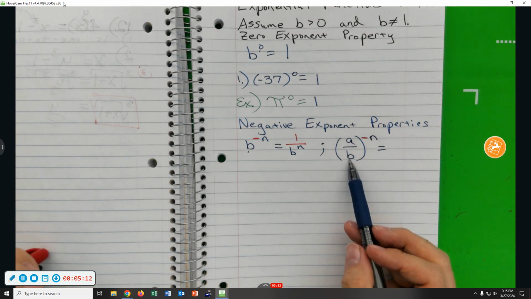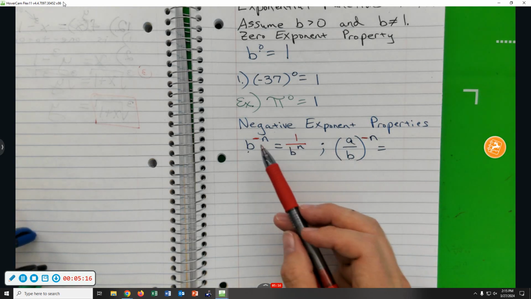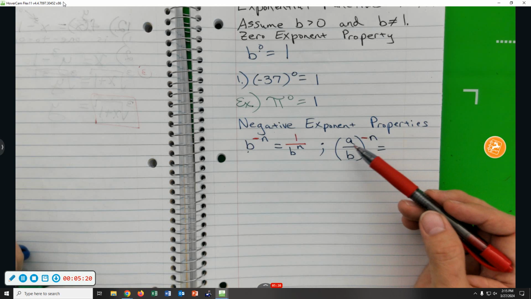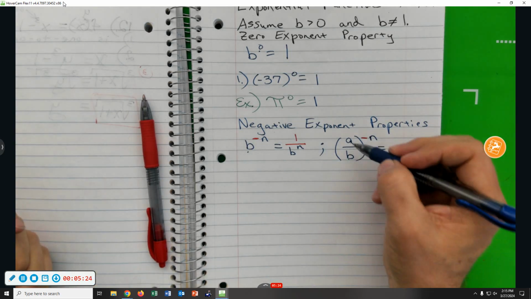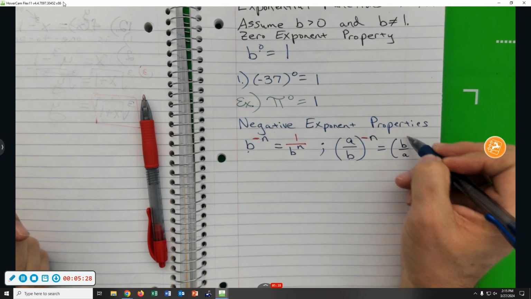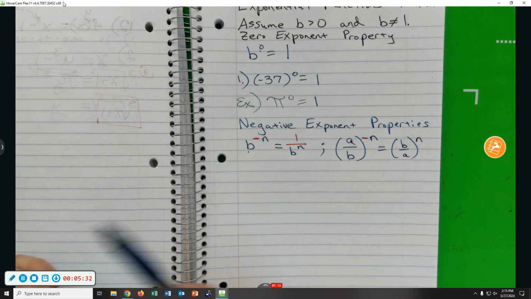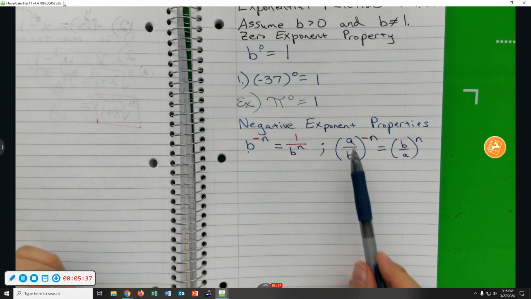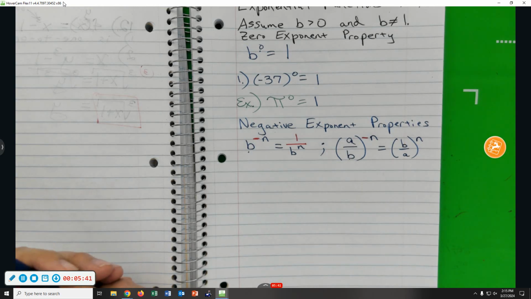Just like the reciprocal of b is 1 over b, here it's the reciprocal of a over b, which is b over a. So we flip it, b over a, and then the exponent changes to a positive n.